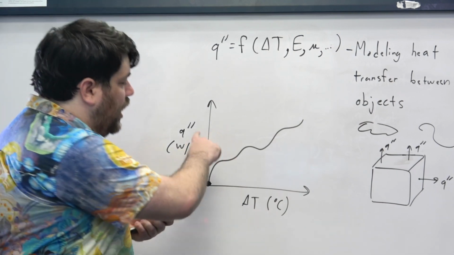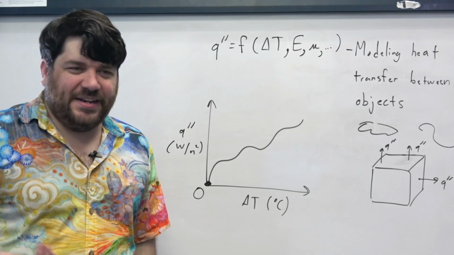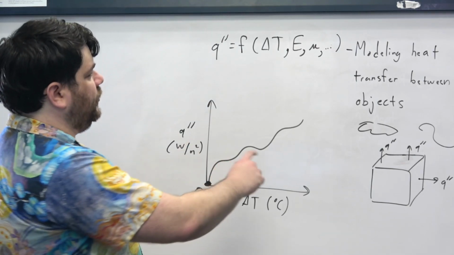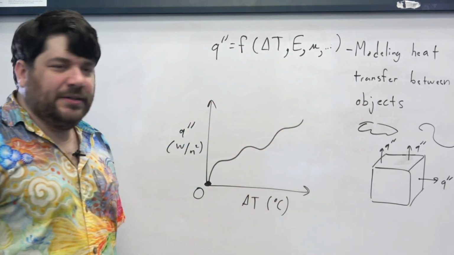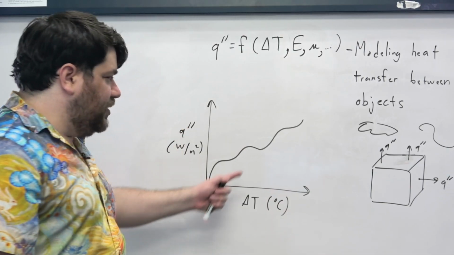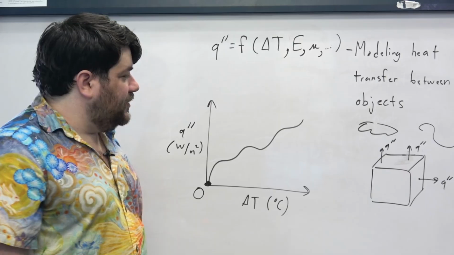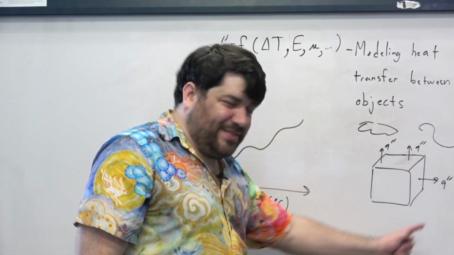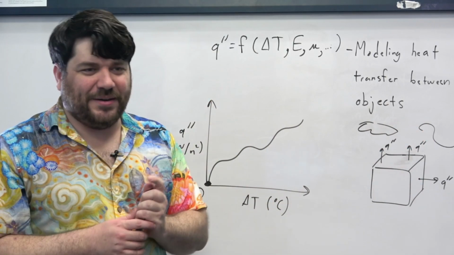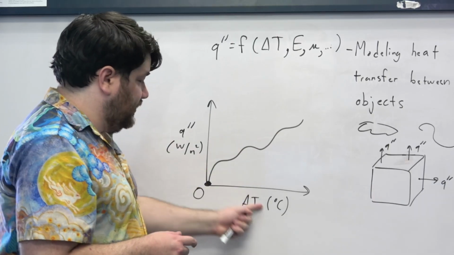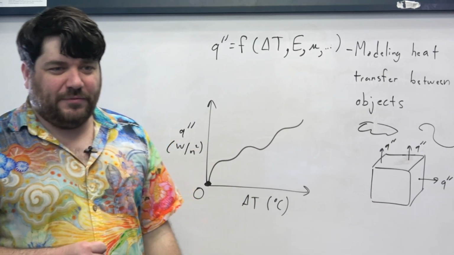So the fact that we're plotting this is not necessarily wrong, because we can always just fix these quantities and then observe what Q double prime is as a function of delta T. But you can imagine that the properties of the specific experimental setup that we've created will affect what the shape of this graph will look like.